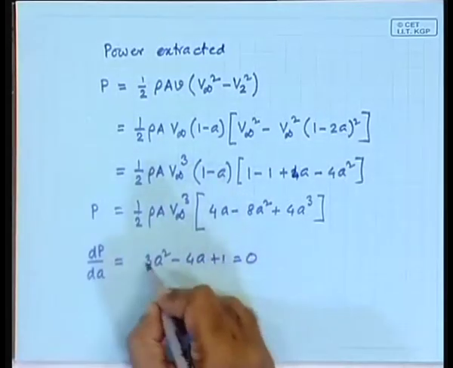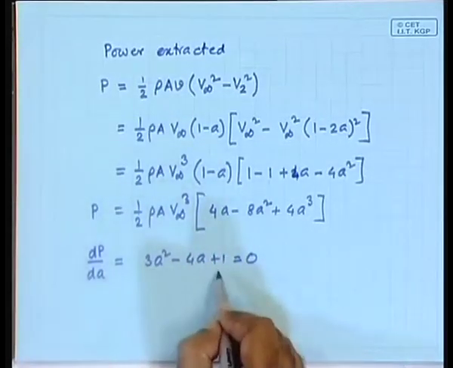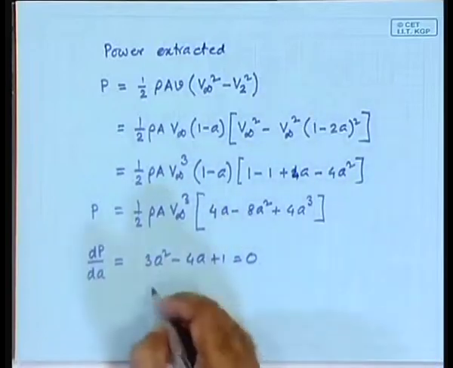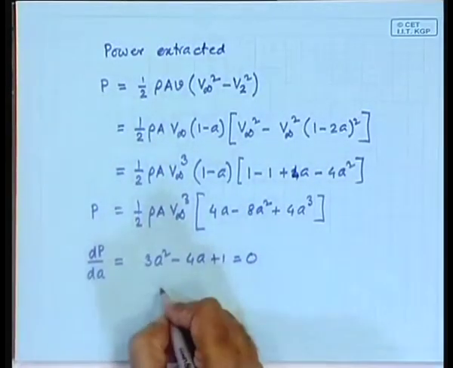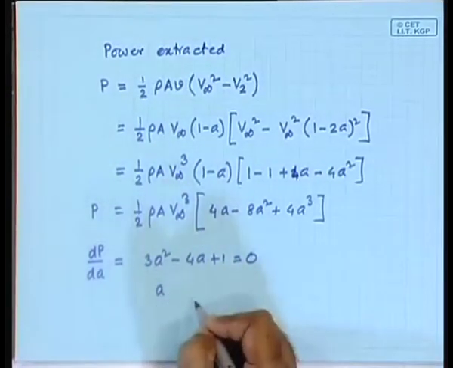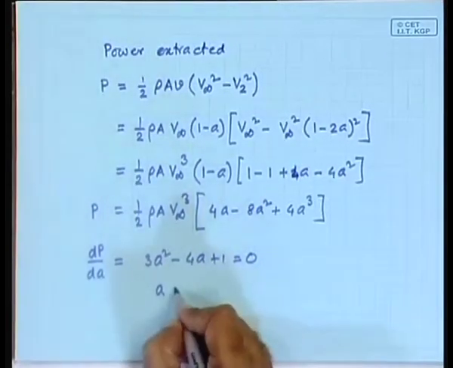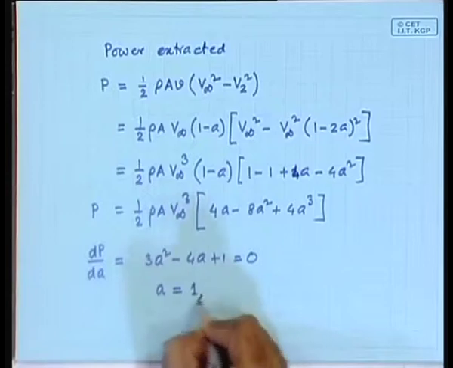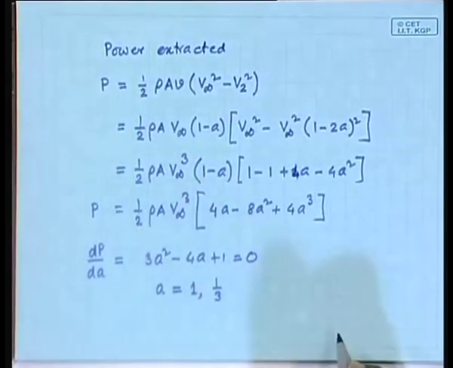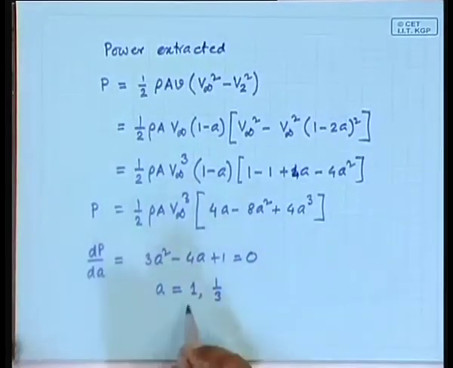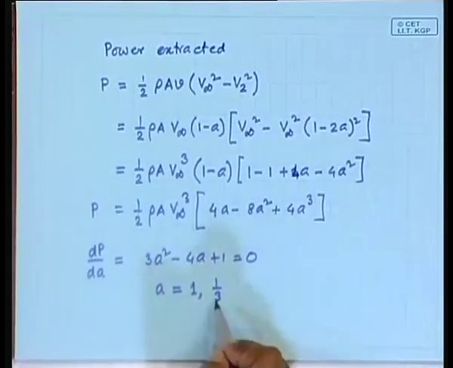So, here is a polynomial, and you have two results, it would be 1 and 1/3. These are two possibilities. Is 1 possible? No. So, 1/3 is possible.